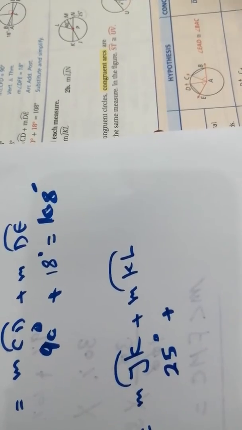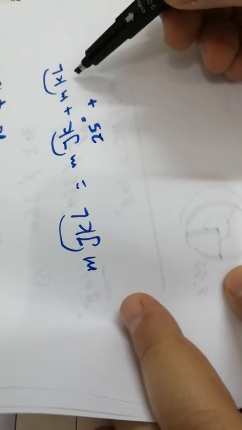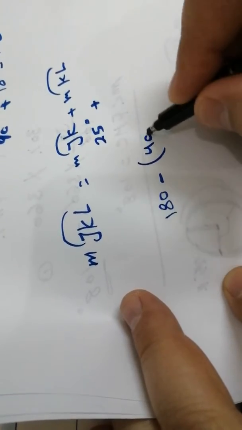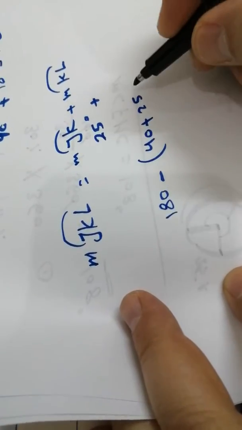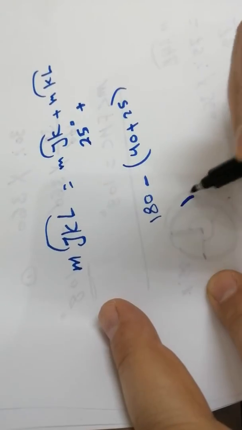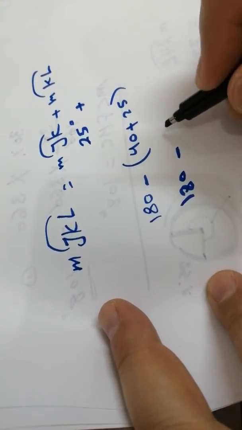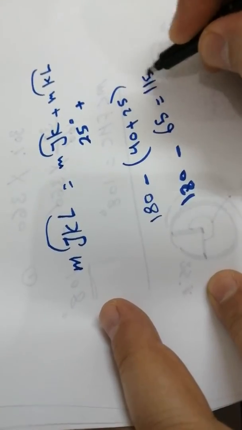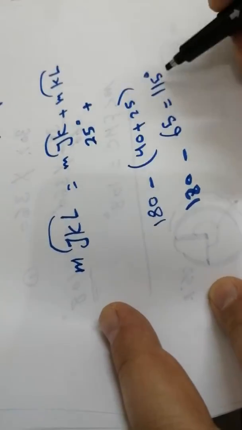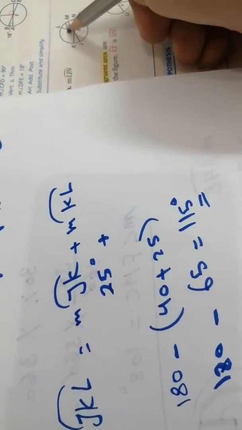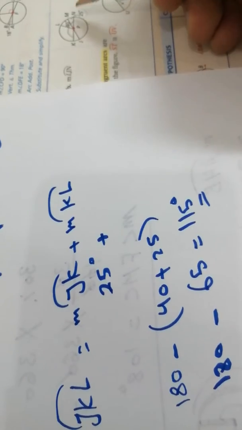And KL equal what? KL equal 180 minus open bracket 40 plus 25 equal 180 minus 65 equal 115 degrees. Why 115? Because the whole straight angle equal 180.